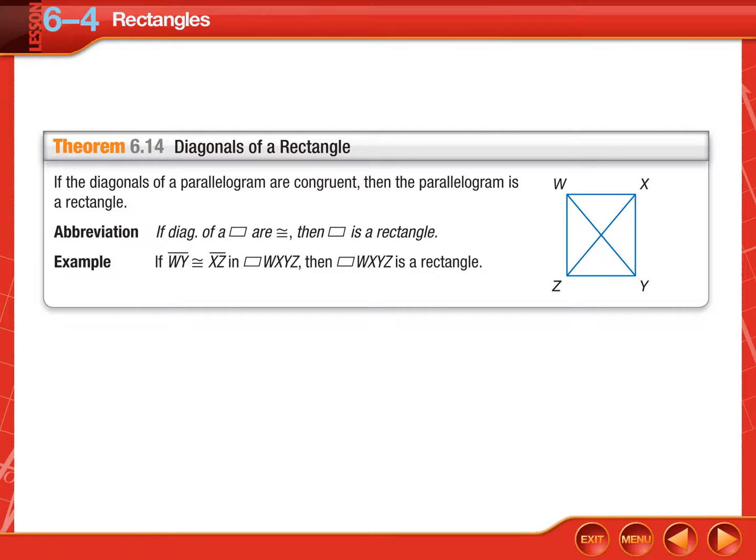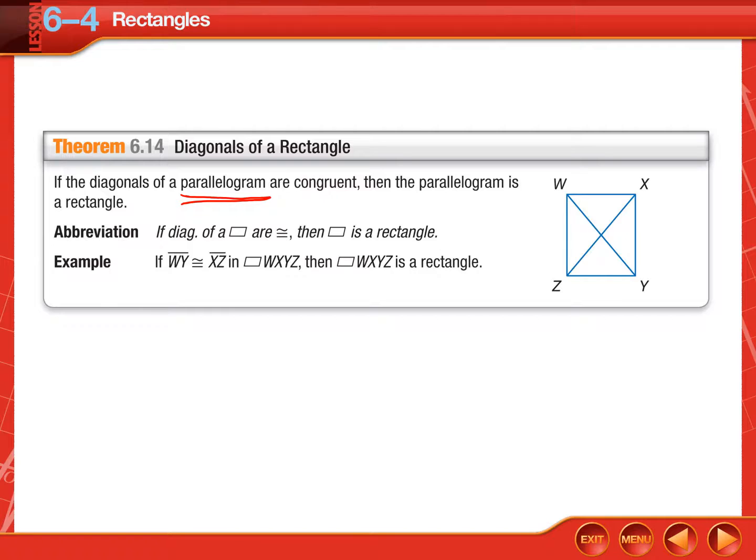Alright, so the second theorem we're going to look at for section 6.4 is that if the diagonals of a parallelogram are congruent, then the parallelogram is a rectangle. Okay, notice again, it first mentions a parallelogram. It doesn't say if the diagonals of a quadrilateral are congruent, then the quadrilateral is a rectangle. No, it says a parallelogram.